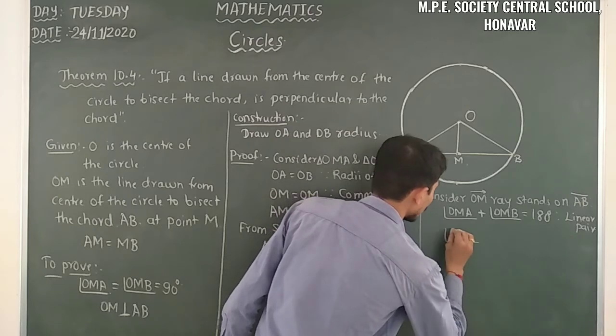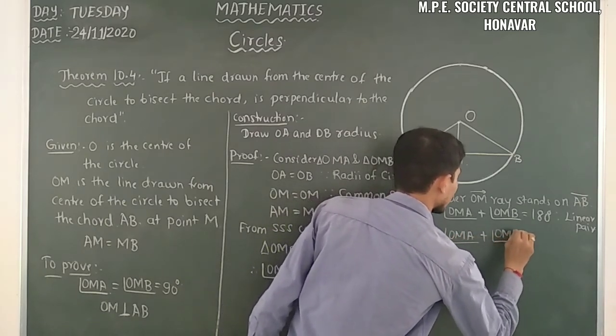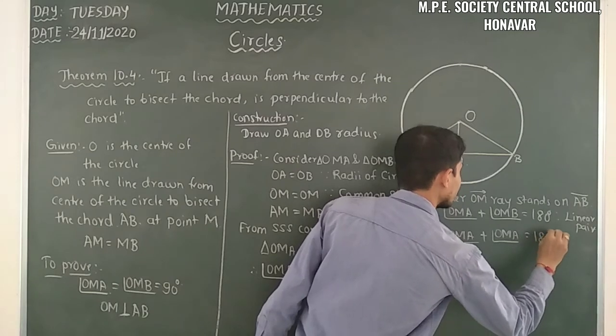That is, angle OMA plus angle OMA is equal to 180 degrees.